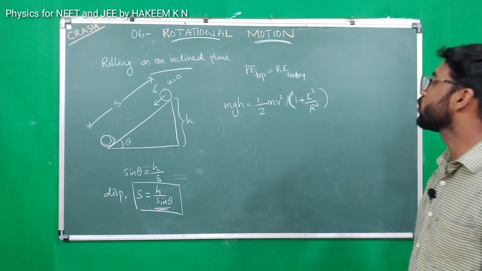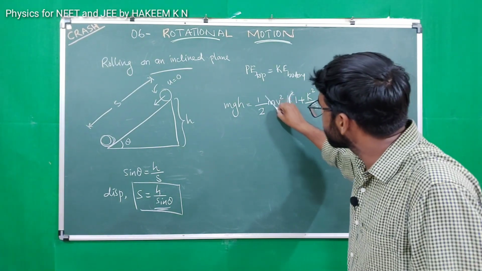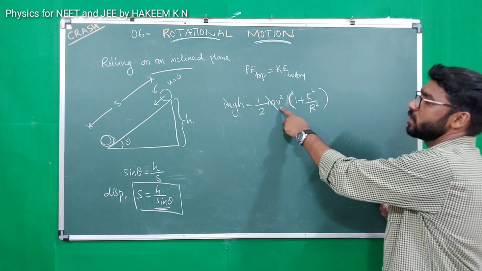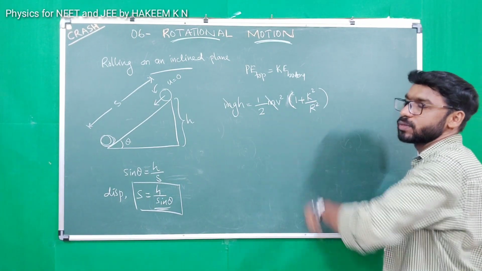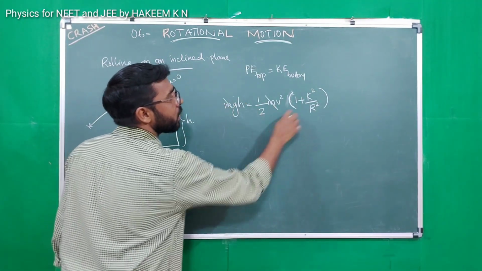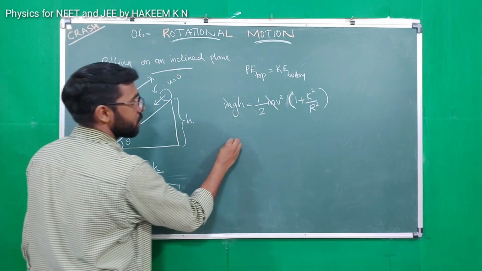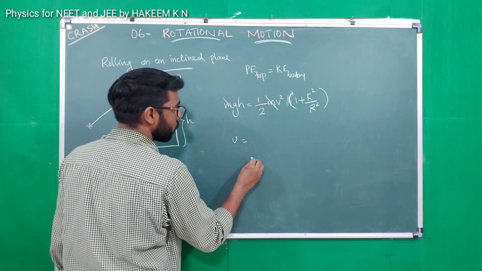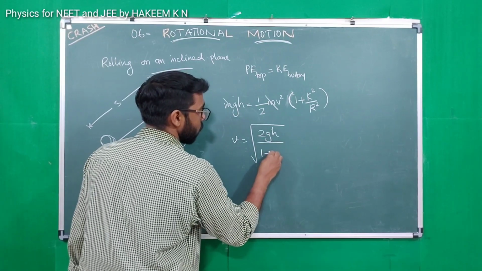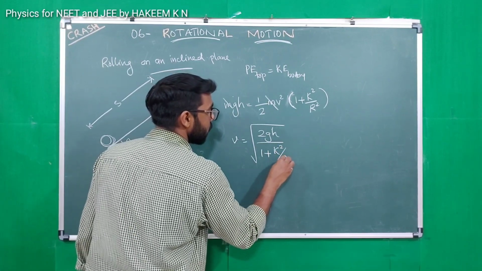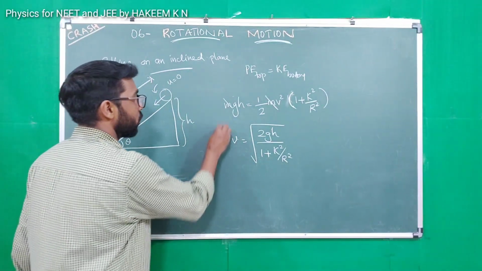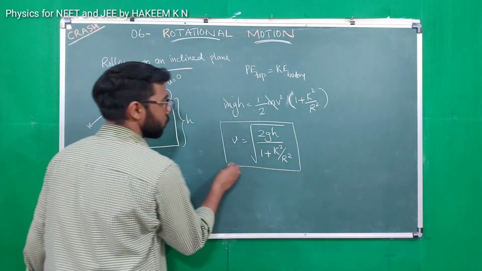Cancelling m, we get velocity from here. Velocity square equals 2gh by 1 plus k square by r square. Then velocity at the bottom equals root of 2gh by 1 plus k square by r square. This is the velocity of the body when it reaches the bottom.